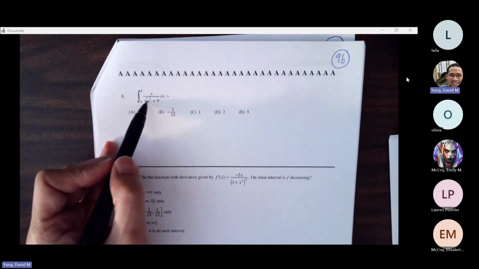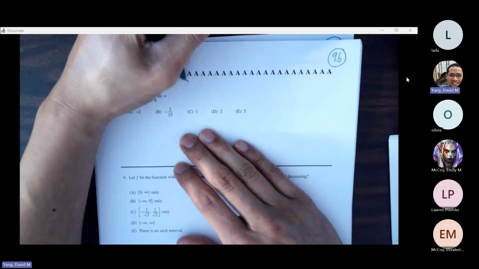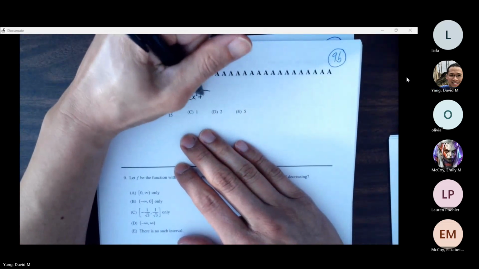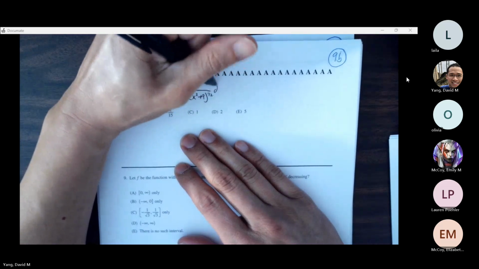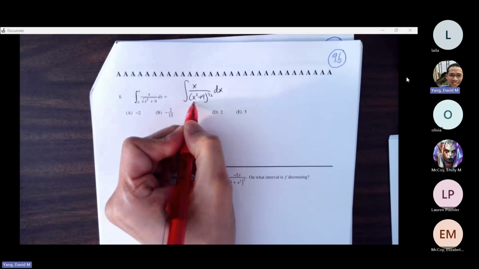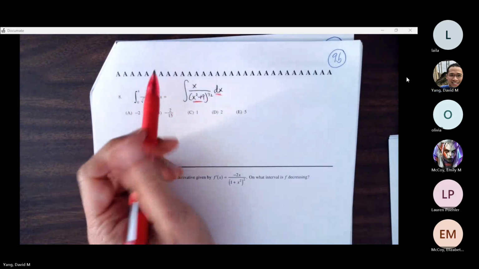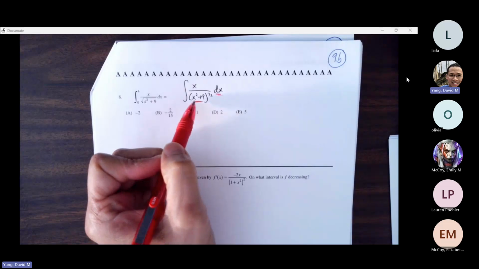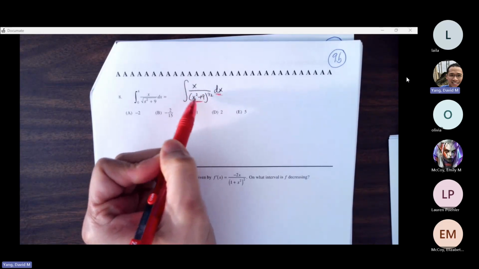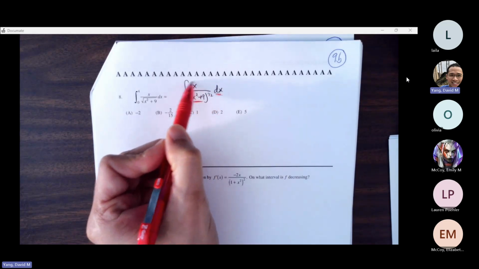So if we look ahead, maybe our u value can be what's inside the radical, and if we explore that potential u value, we want to look ahead. Are we able to predict that it will match up with our remaining x's? And it will, because if our u value is x squared plus 9, the derivative will become 2x, and 2x and x will pair up nicely to get rid of that x.